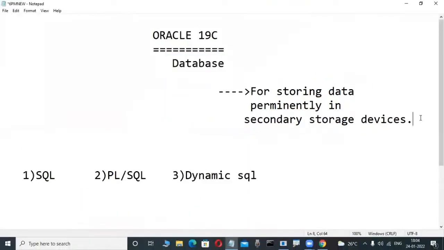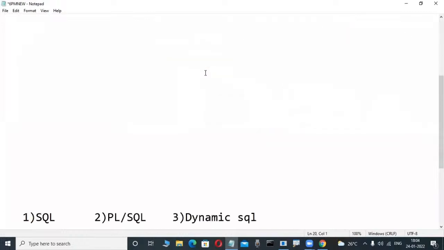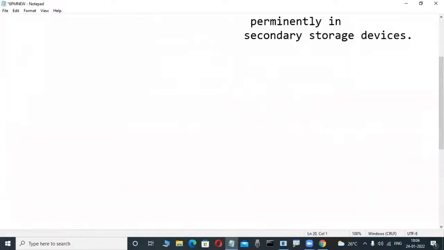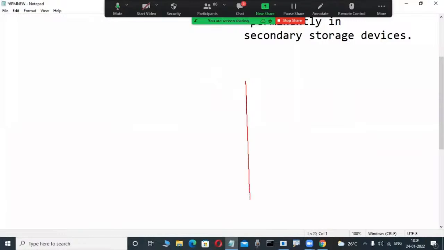But as I said in previous classes, observe slowly: database means it is a place. Whenever we install Oracle, SQL Server, DB2 in our system, automatically one place is created.